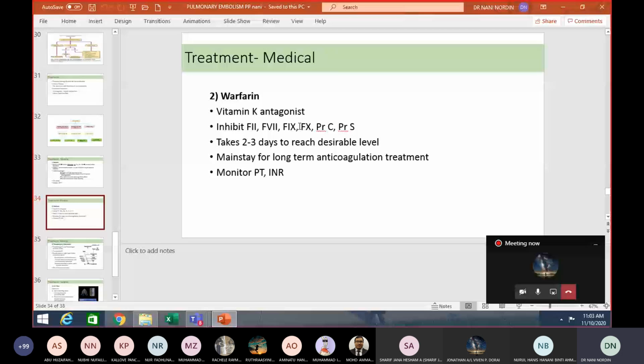Factor 7 is more of an extrinsic pathway. Others are protein C and protein S, but mainly it inhibits these. This is a vitamin K dependent anticoagulant. Factor 2 is your thrombin. So factor 2, factor 7, factor 9, factor 10.